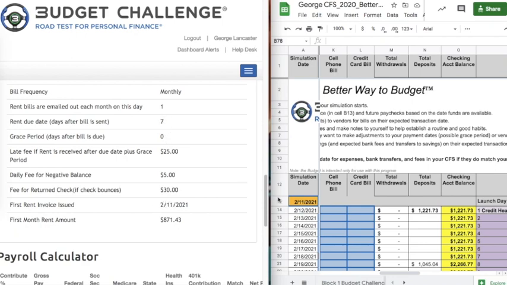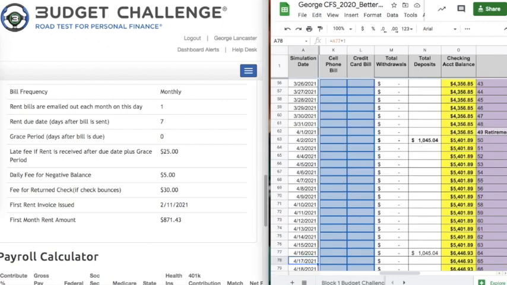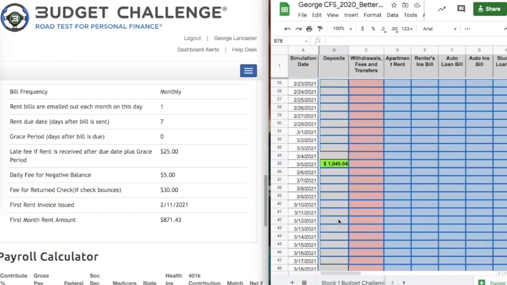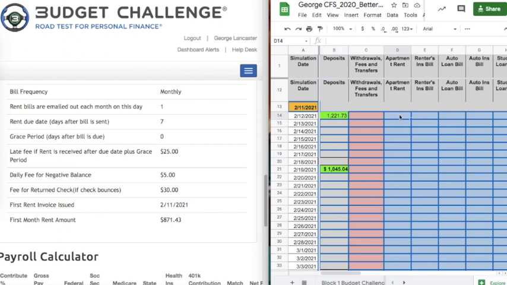It's due 7 days later. So I'm going to go in here, find my apartment rent. 1, 2, 3, 4, 5, 6, 7 days later, and that's the day that I owe $871.43. Now the rest of the months, the rent is billed on the 1st.